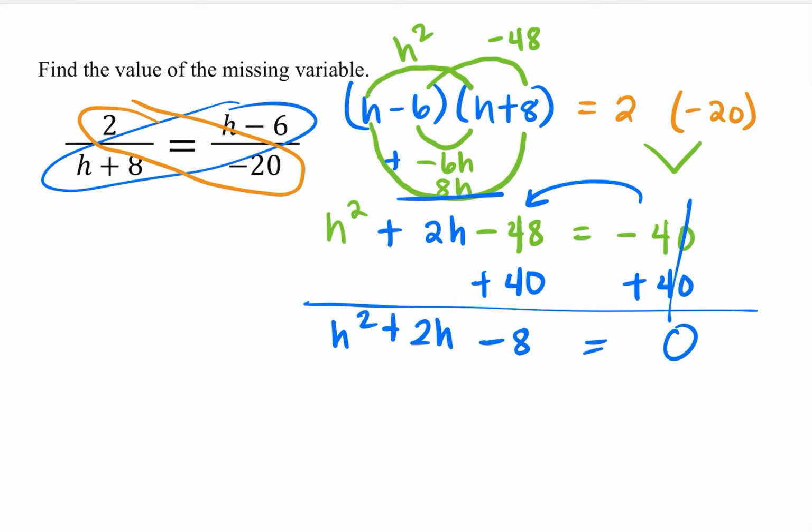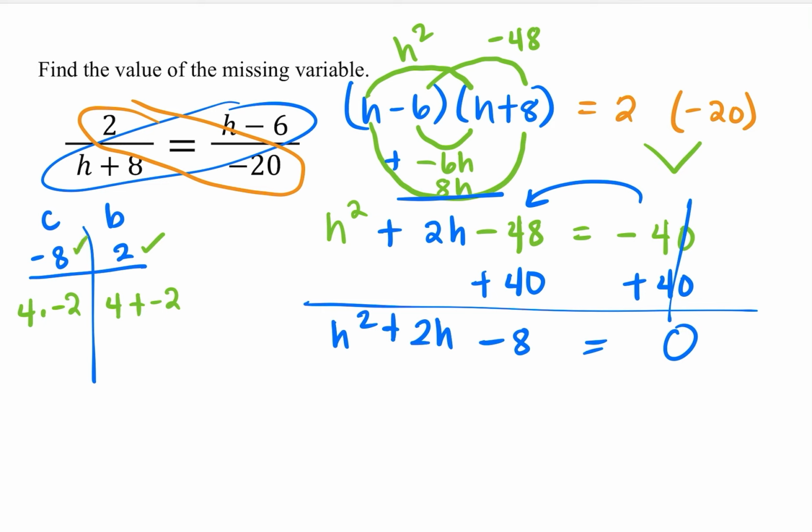And so I am going to use a t-table. This is the c value and this is the b value. My c is negative 8, b is 2. So I'm thinking of factors of negative 8. That should be 4 times negative 2. And if I add 4 plus negative 2, that is going to give me positive 2.